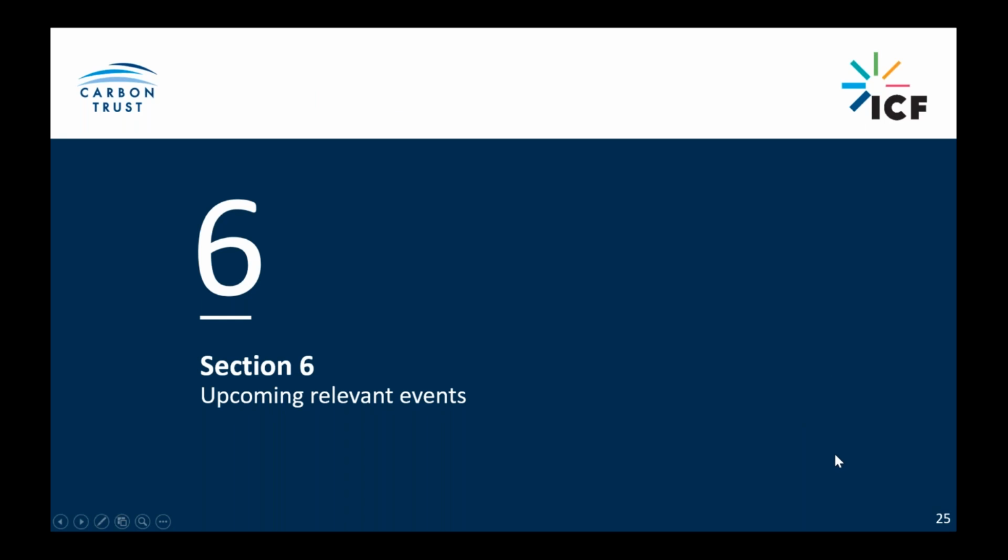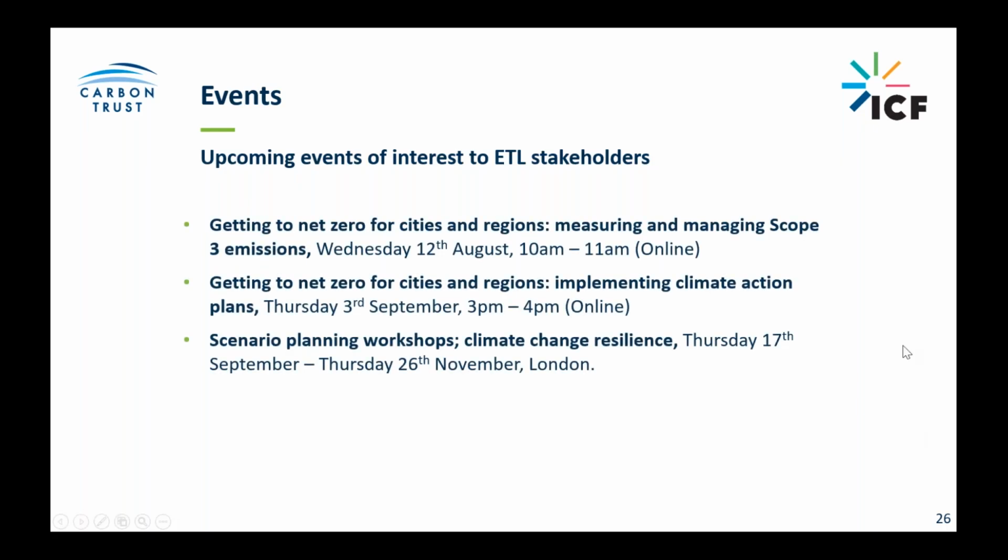Thanks, Kay. I'm just going to run through some of the upcoming events that might be of interest to ETL stakeholders. The first one is a webinar run by the Carbon Trust, Getting to Net Zero for Cities and Regions: Measuring and Managing Scope 3 Emissions. This will take place on the 12th of August, and it looks at how public sector bodies can manage the carbon impact of organisational Scope 3 emissions through different footprinting methods and engaging with suppliers.